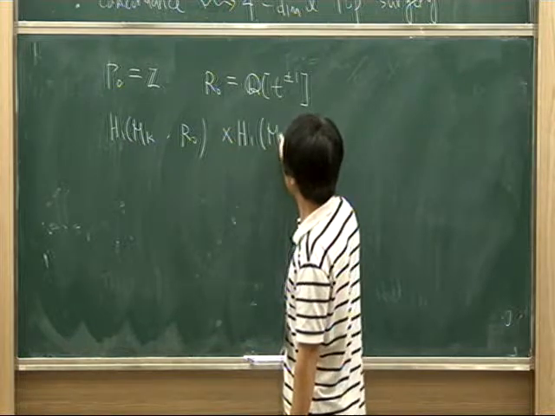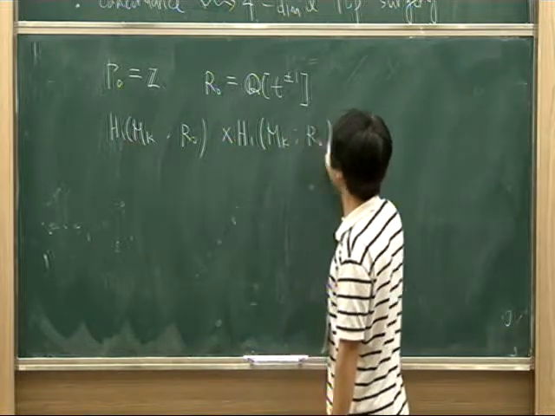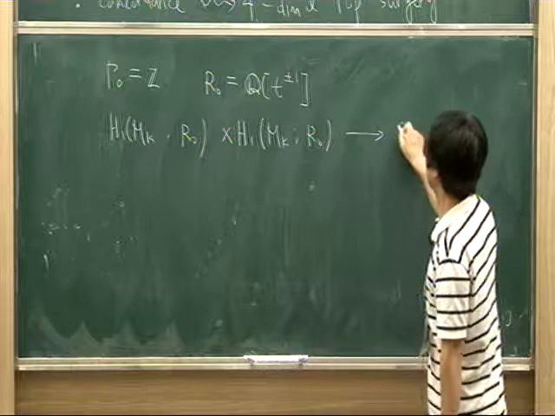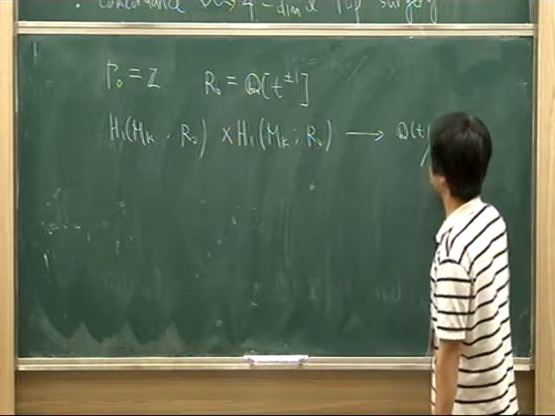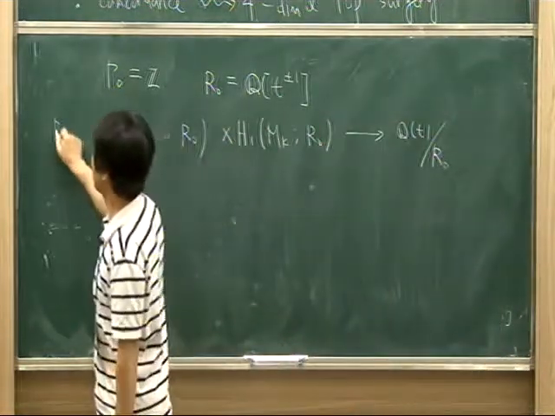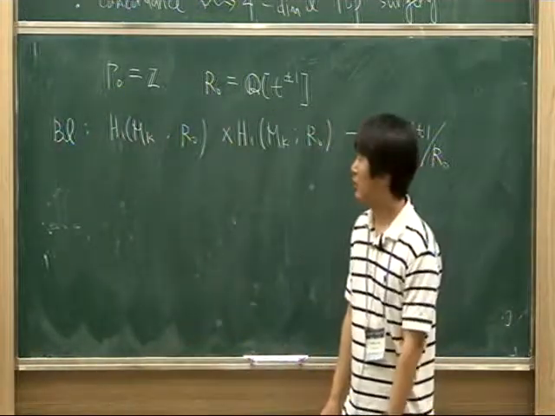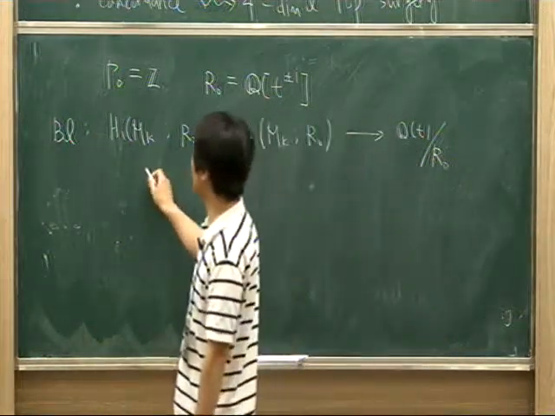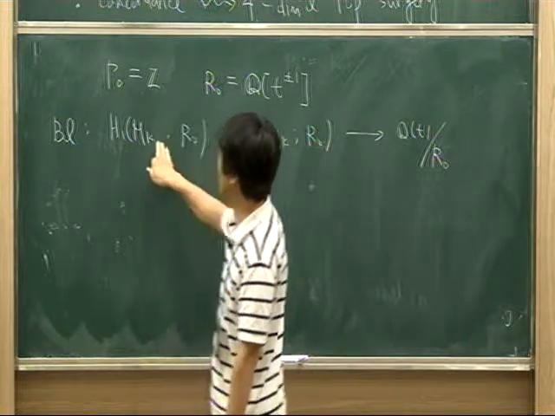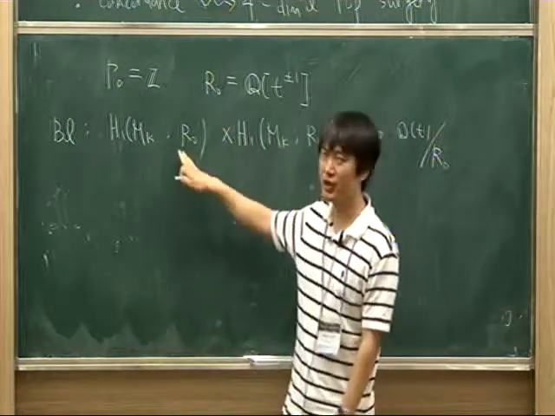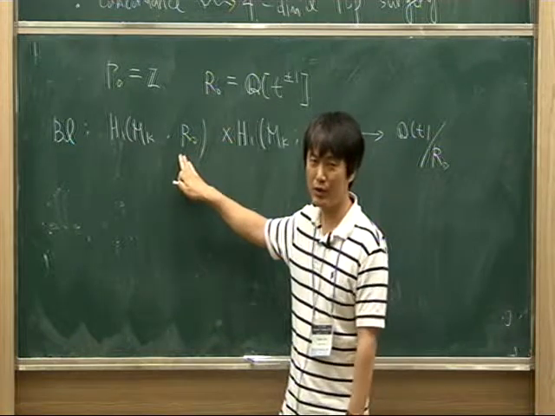And on this homology group, we have the so-called Blanchfield linking form. It turns out that this module is a torsion R0 module.